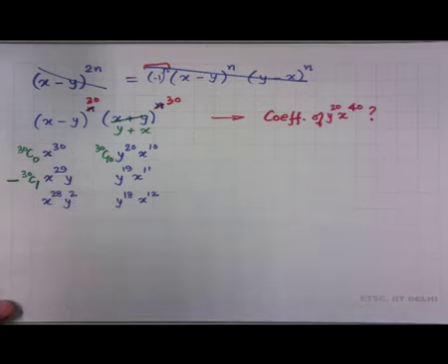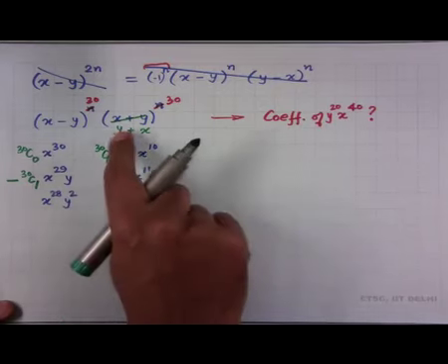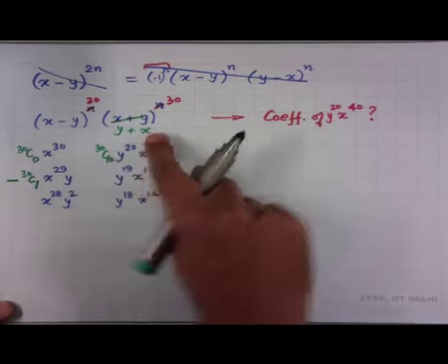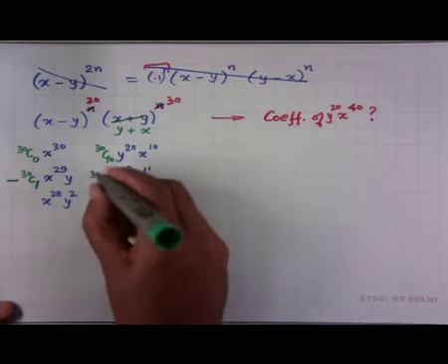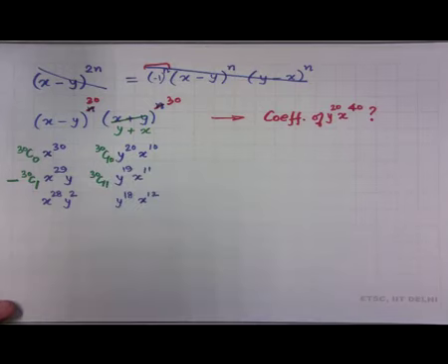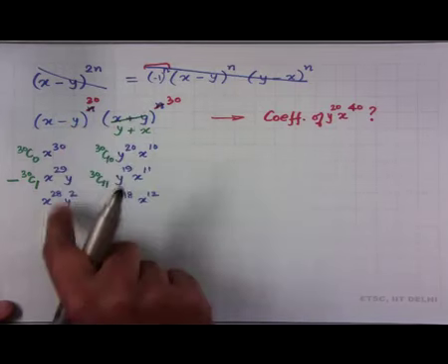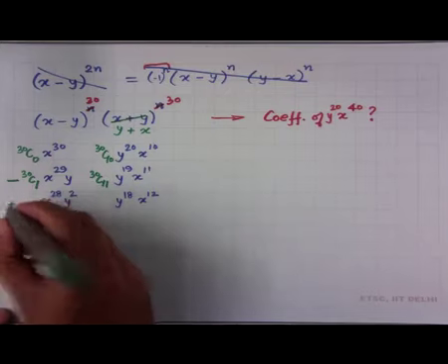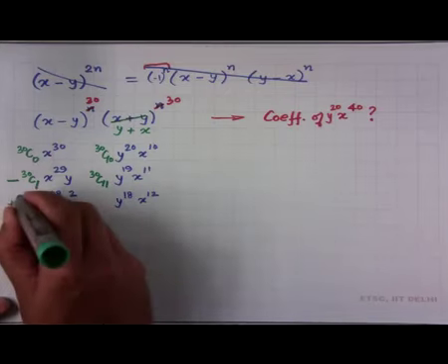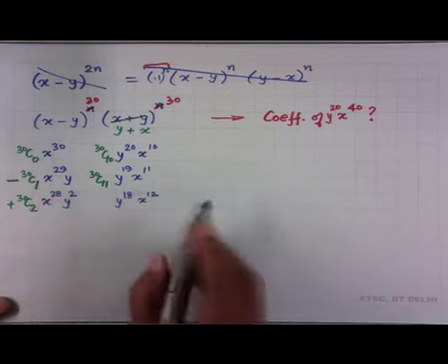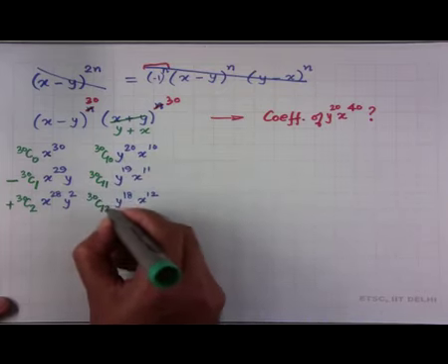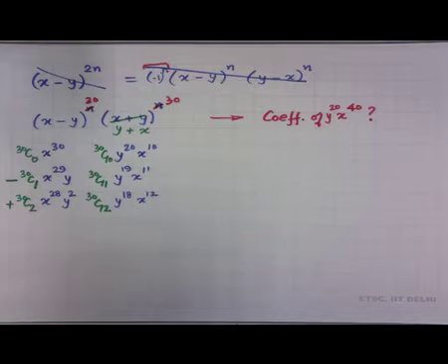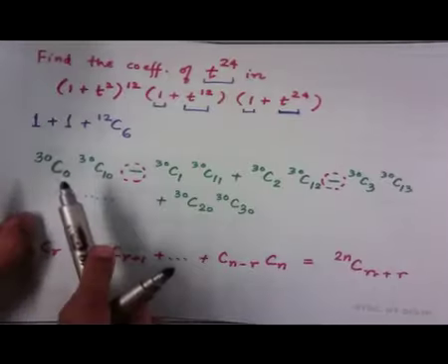And here I select 11 x's, which gives me 30 C 11. Then the next time I select 2 y's, which gives me a plus sign, and 30 C 2, and over here I select 30 C 12. Okay, so do you see that we have constructed our expression?